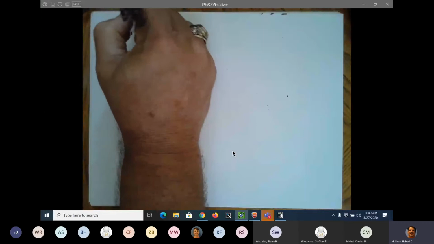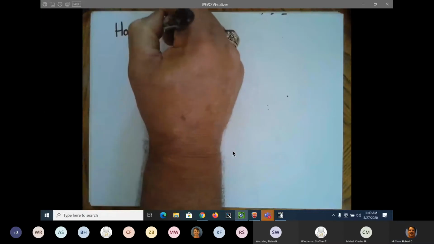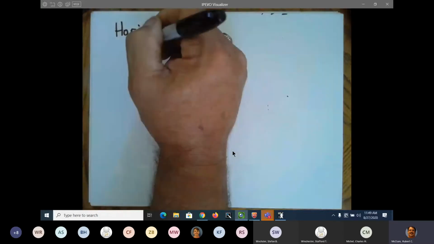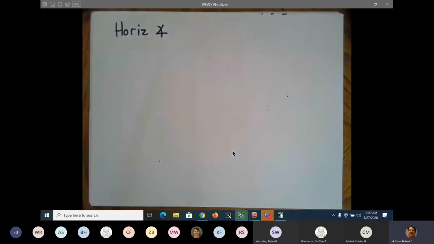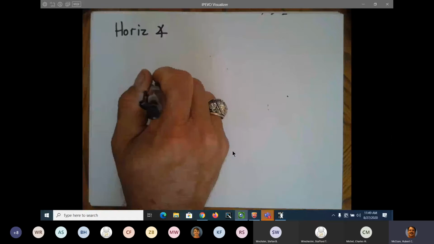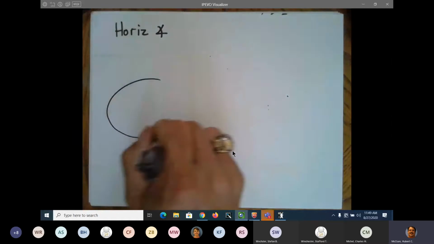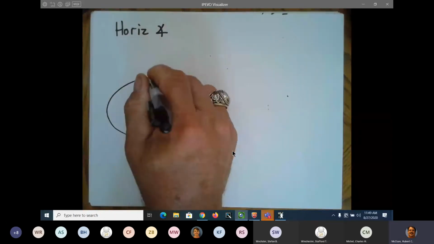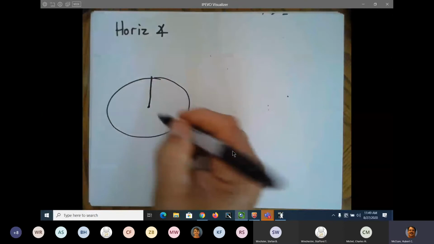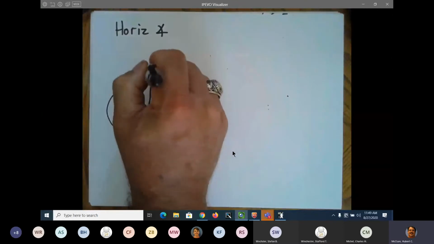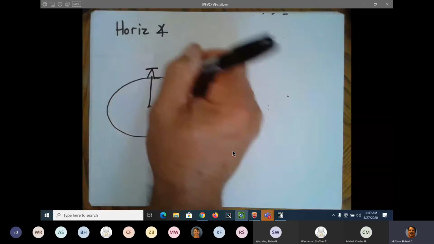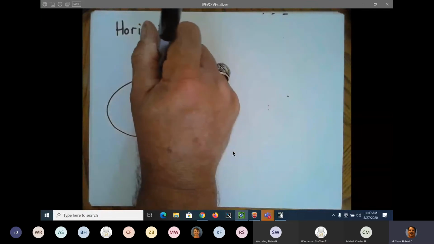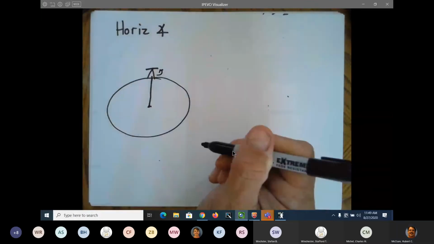A horizontal angle is an angle that you turn horizontally with the center of the earth. So like this is the earth, and this is the center right here. You're sitting with a transit right here, and you turn this way with your angle.